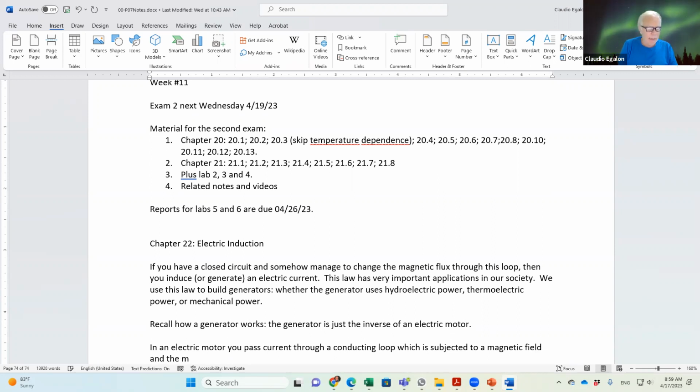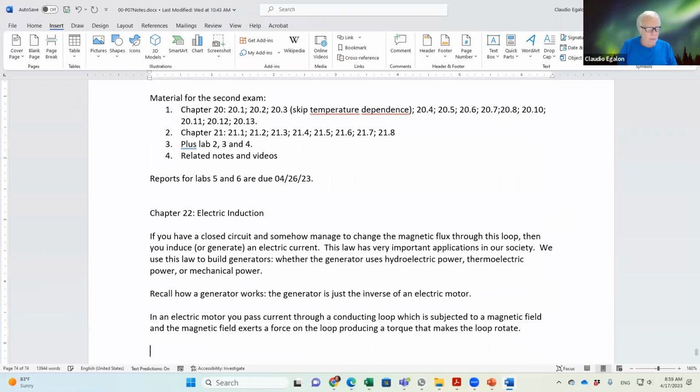And the magnetic field exerts a force on the loop, producing a torque that makes the loop rotate. Okay, so basically that's how the electric motor works.